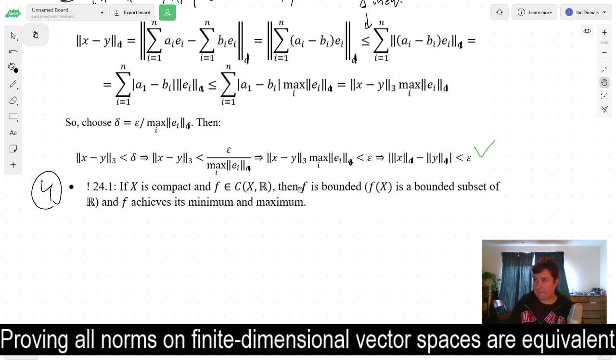Then f is bounded. I don't think we need that now, but f achieves its minimum and maximum. That'll be important for us. So what we're going to do, this thing has literally 4 more lines. We're almost there.